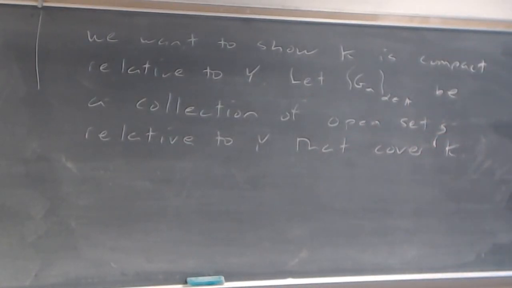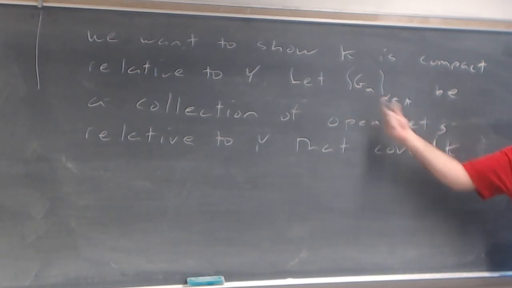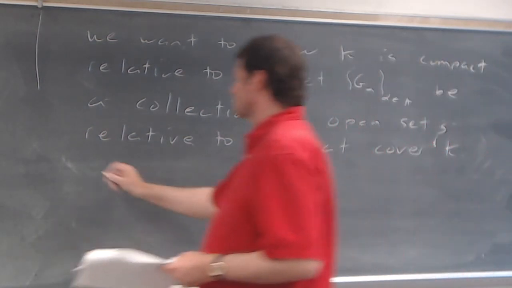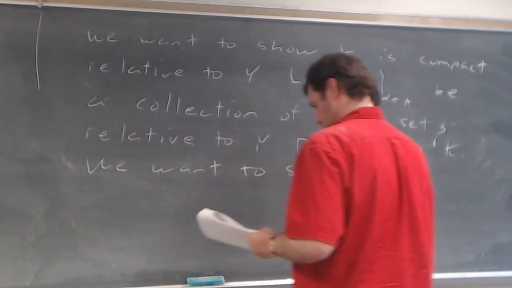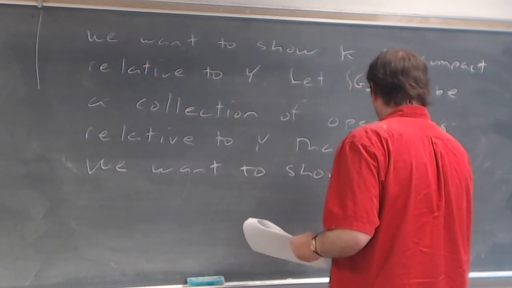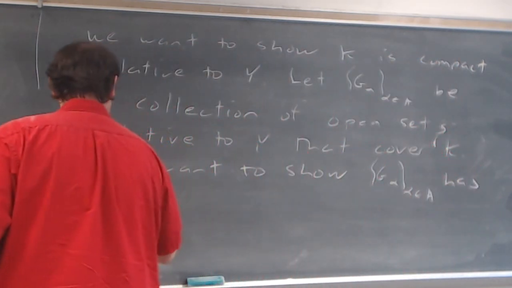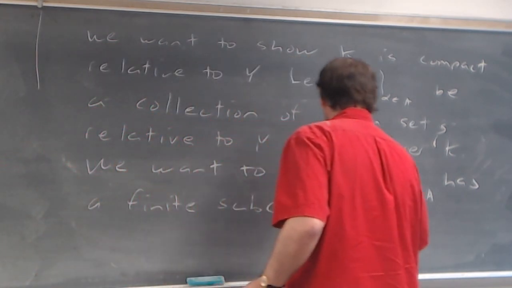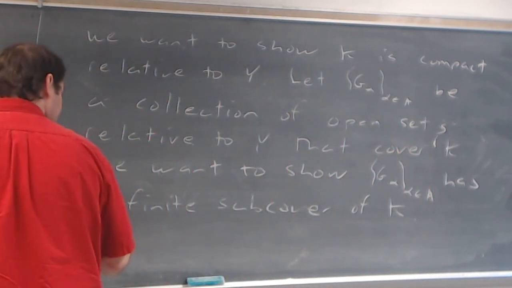Okay, we want to show that there's a finite collection within this G sub alphas that will also cover K. That is, we want to show G sub alpha has a finite subcover of K. Okay, well, here's what we know.